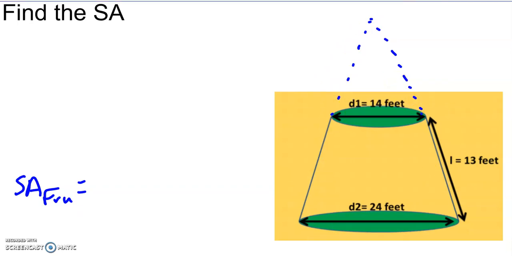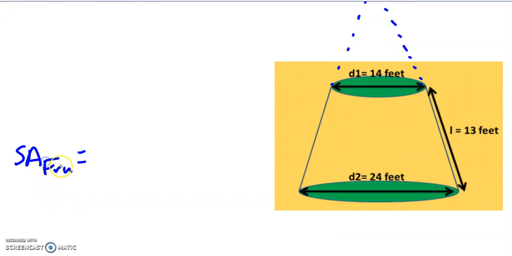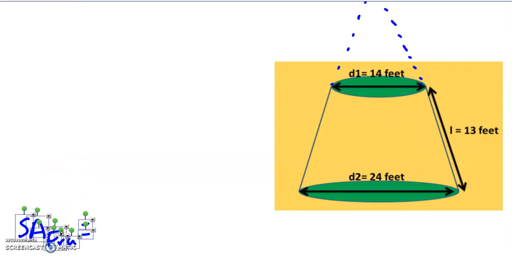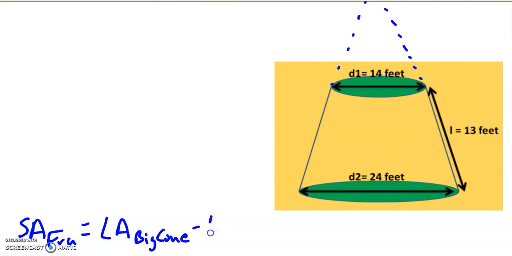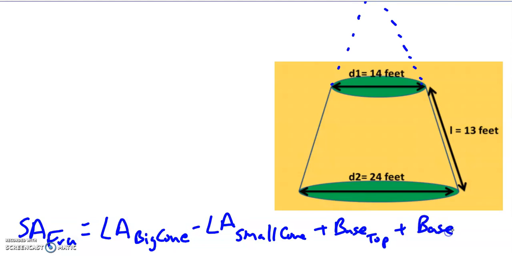To find the surface area of a frustum, we do the lateral area of the big cone minus the lateral area of the small cone. So we take the whole cone and subtract off the smaller one. But then we have to add in the base on the top and the base on the bottom.